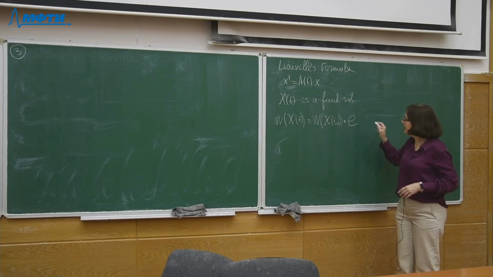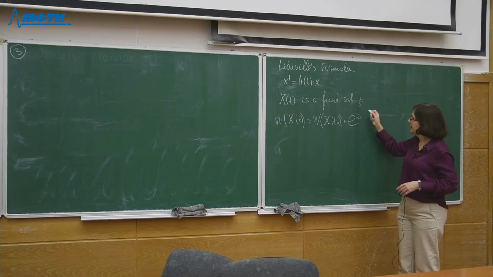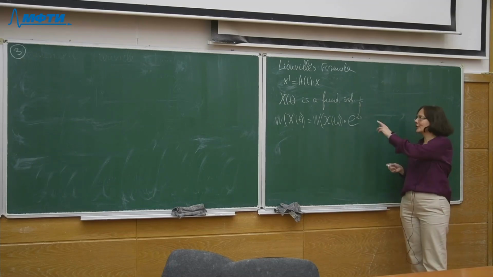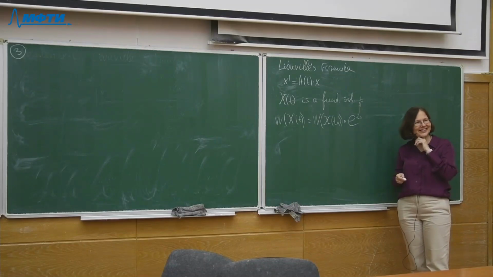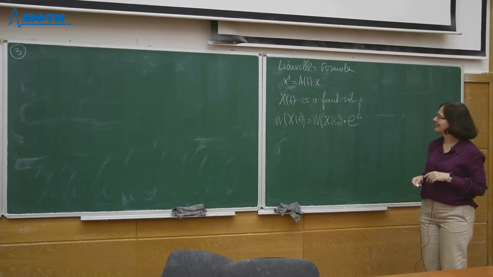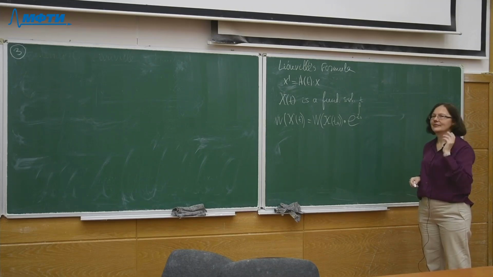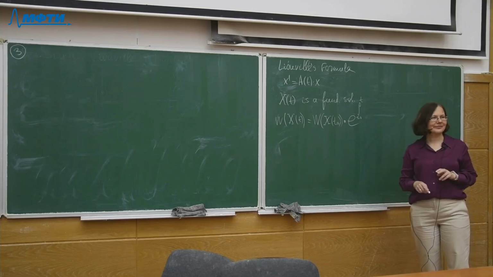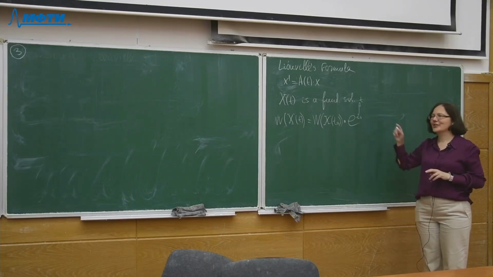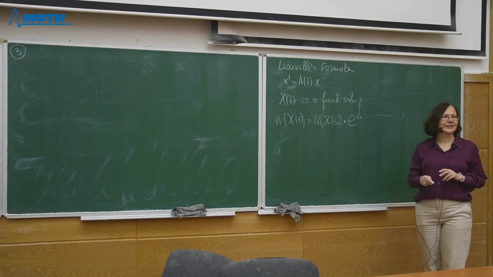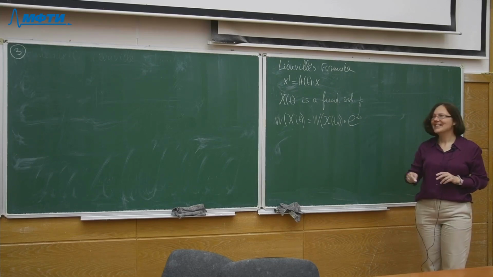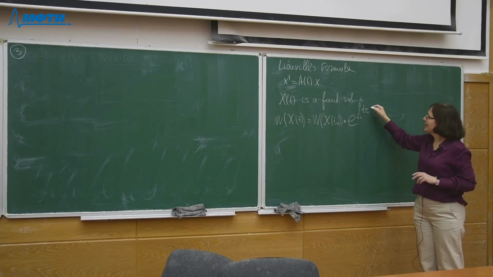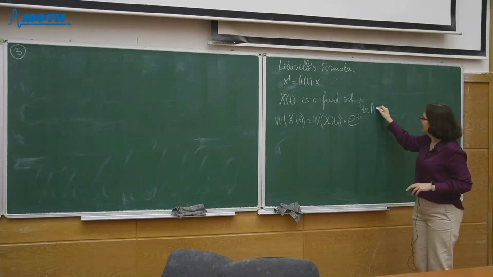Multiplied by e to the power the integral from t0 to t. Next, which function shall we integrate? The trace of this matrix A of s ds.